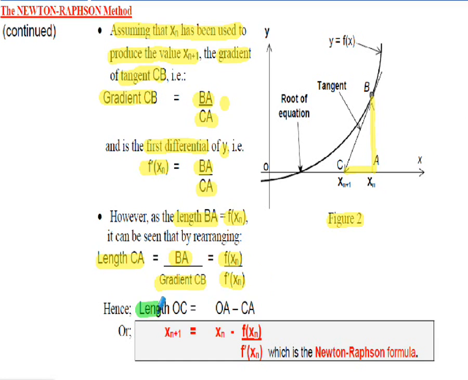Further noting that length OC is OA minus CA, that is, the distance OA along here minus the distance from C to A, shown here, thus x(n+1), shown in figure 2, can be written as xn minus f(xn) divided by f'(xn). And this is called the Newton-Raphson formula.